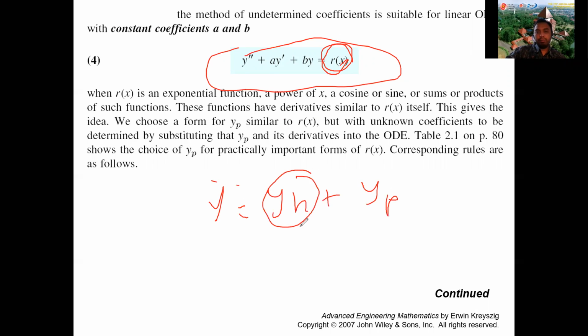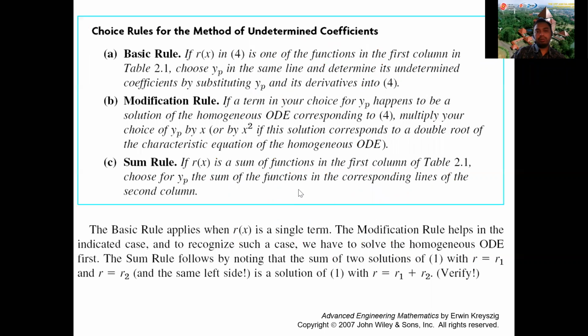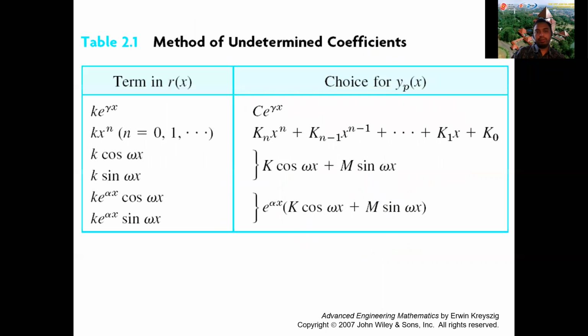You have yh from the homogeneous solution, and yp will depend on r(x), which is this. So rule number one is the basic rule: you just need to choose the solution based on r(x) itself.